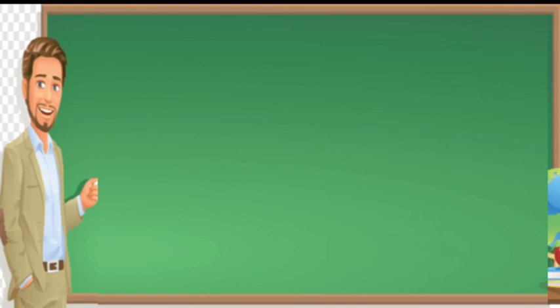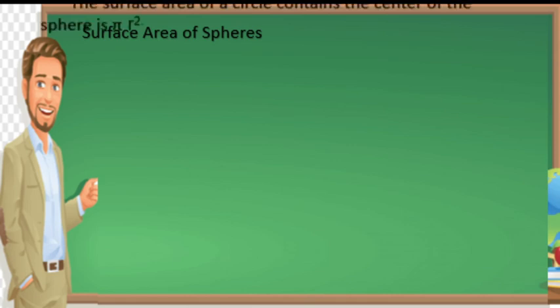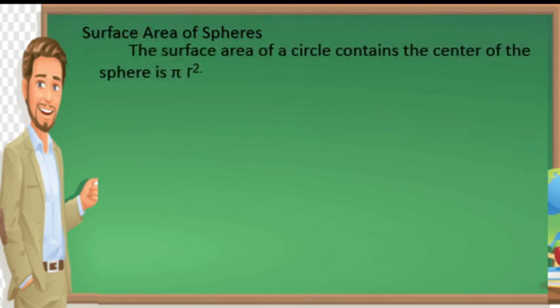Okay, so this time, we are going to get the surface area of a sphere. The surface area of a sphere contains the center of the sphere, and that is pi r squared.